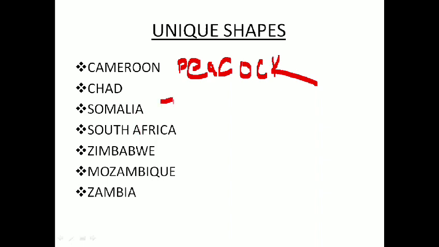Somalia looks like a horn or the number 7.